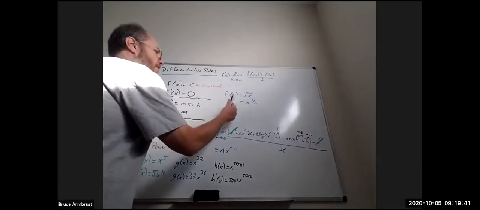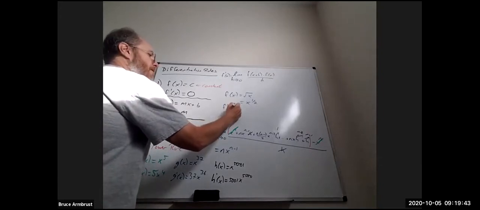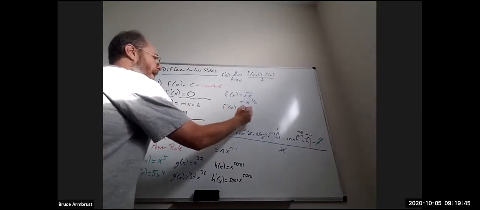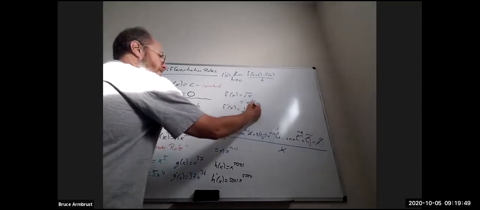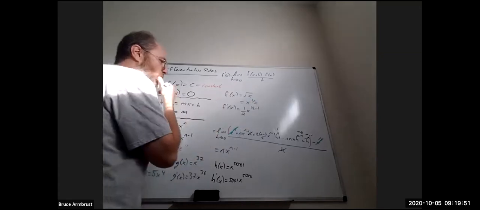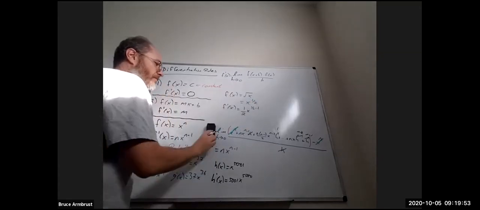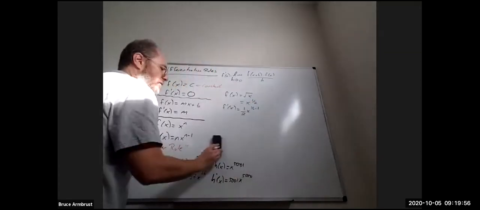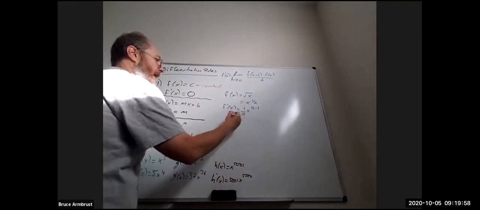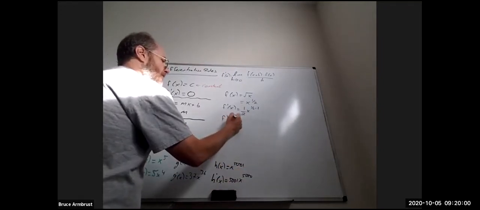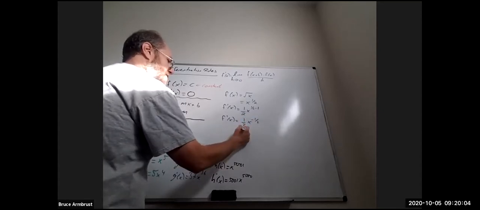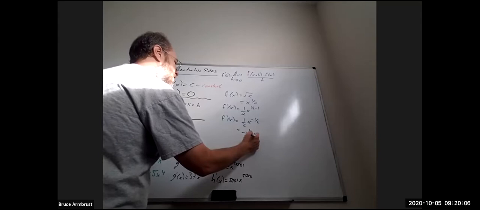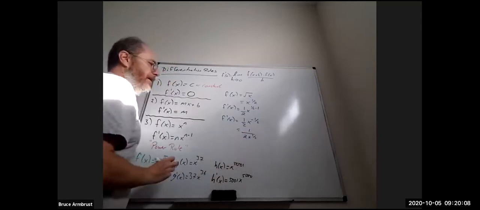So the derivative of this thing is going to be 1/2. We bring that exponent out front. And we're going to get x to the 1/2 minus 1. Well, subtracting 1 from 1/2 gives us negative 1/2. So f prime of x is 1/2 x to the minus 1/2, which is the same as 1 over 2x to the 1/2.